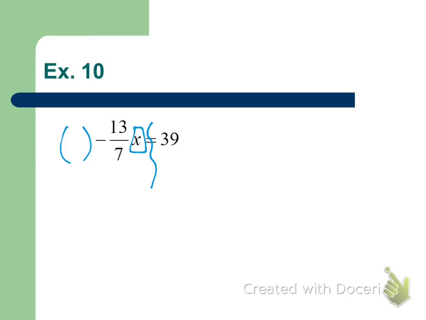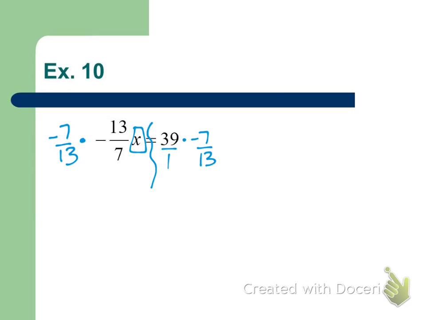And should we keep it positive or negative? Negative 7/13. So I'm using parentheses to mean multiplication. If you don't like that, you can still use the dot. I just think it looks a little strange. But whatever makes you happy.